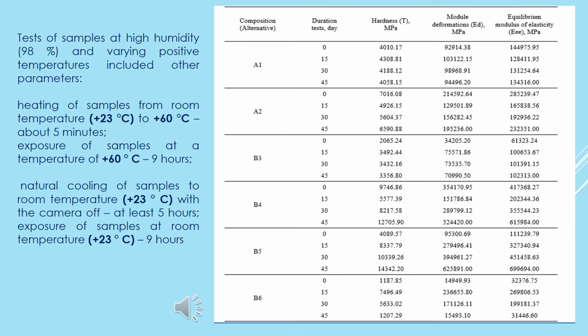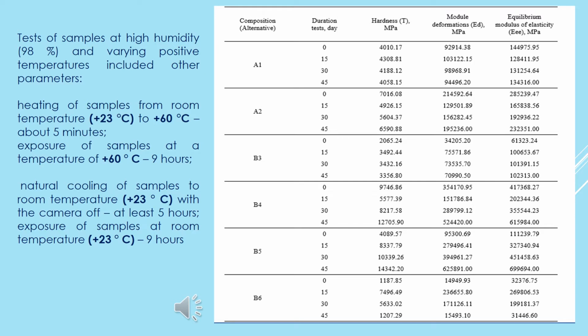Test of samples at high humidity, 98%, and varying positive temperatures included other parameters. Heating of samples from room temperature plus 23 degrees Celsius to plus 60 degrees Celsius, about 5 minutes.